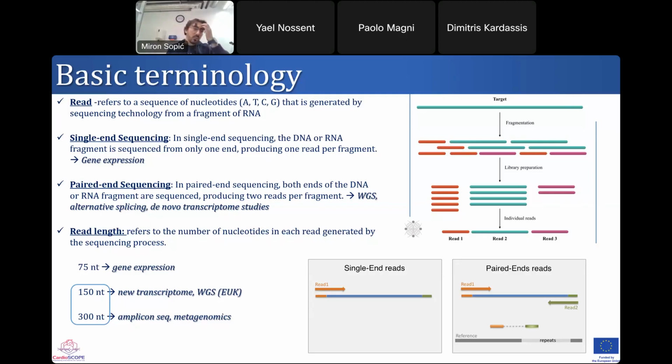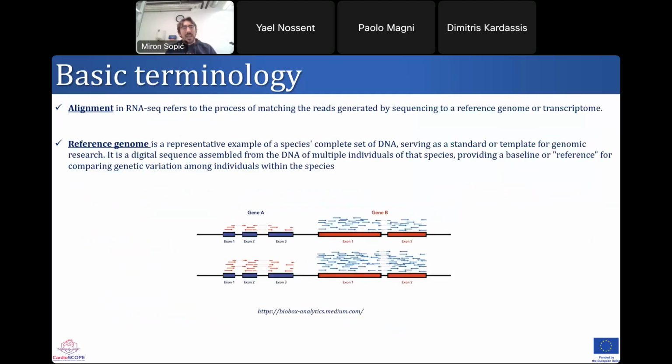And currently with Illumina sequencing, most of the time you get transcripts that are between 100 and 300 nucleotides long. Alignment is another term that is frequently used in this terminology. Alignment is basically a process where you align what you get from your sequencing data to the reference genome or transcriptome.